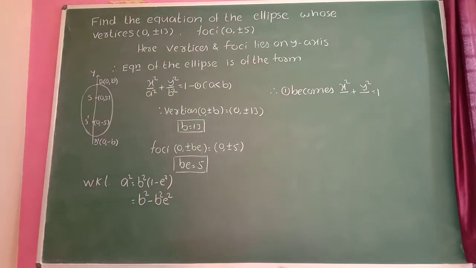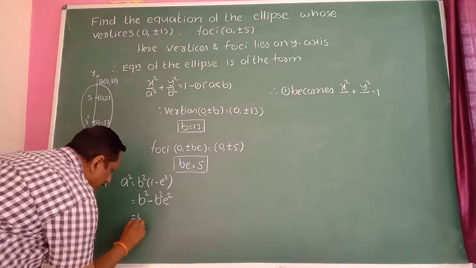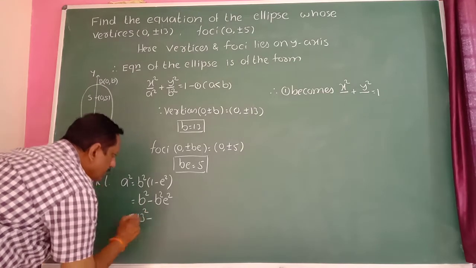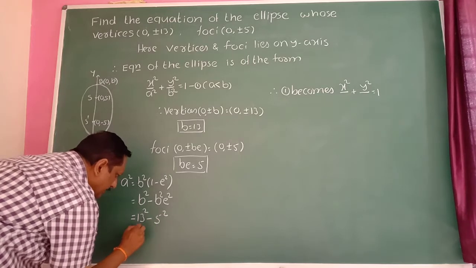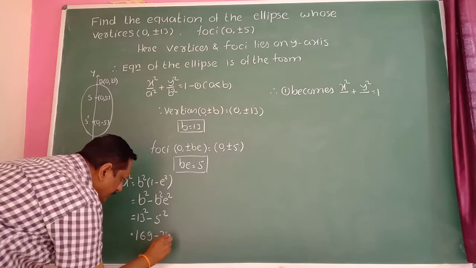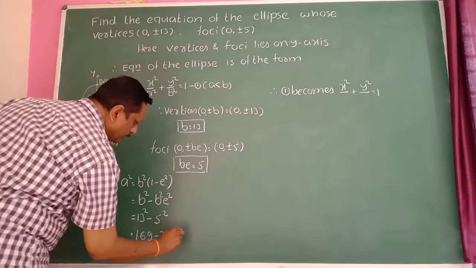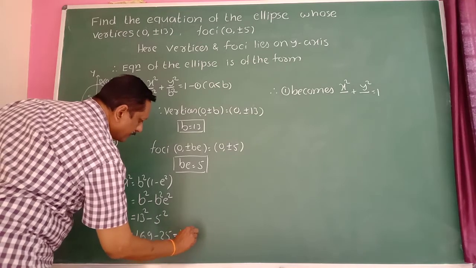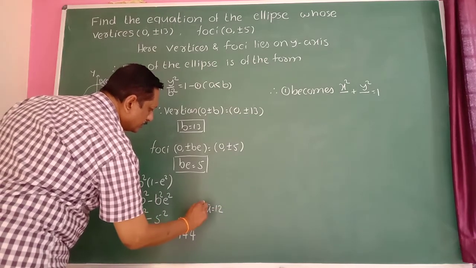Then b value is 13, so 13 square, b into e is 5, so 5 square here. So 13 square is 169 and 5 square is 25 here. Therefore, this is equal to 144. Therefore, the value of a is equal to 12.